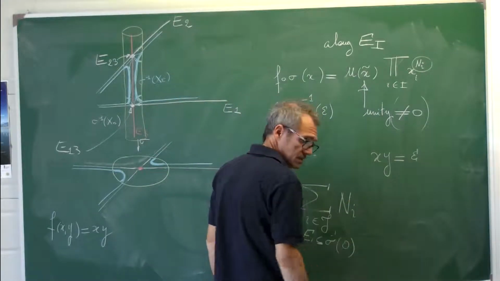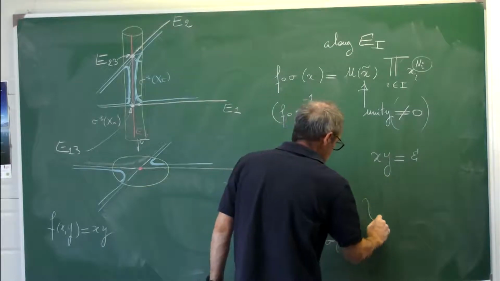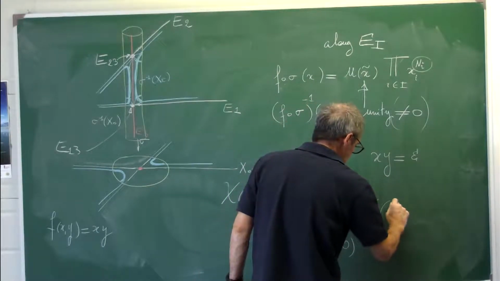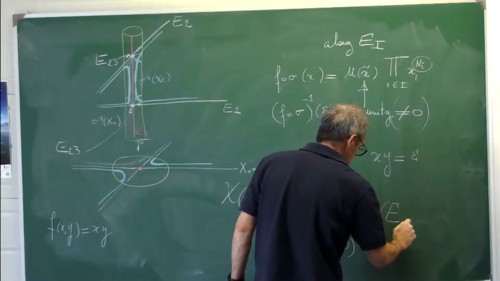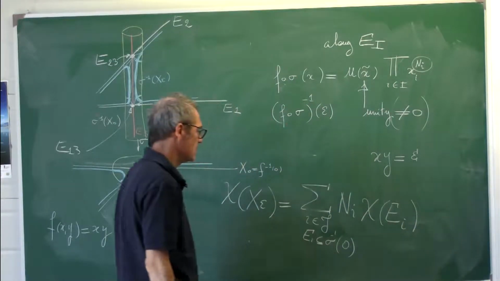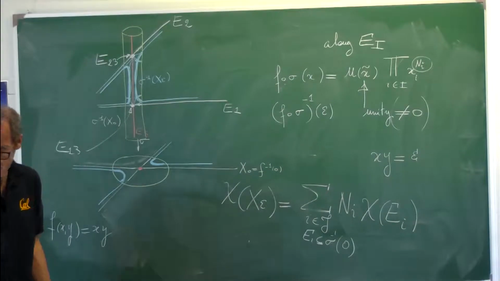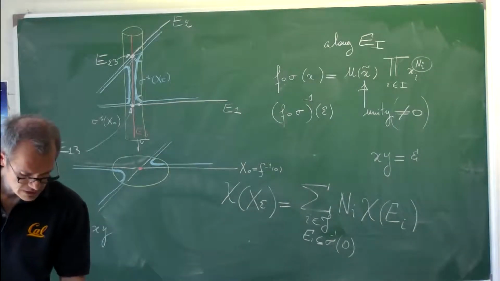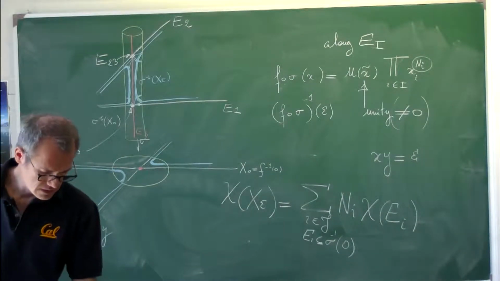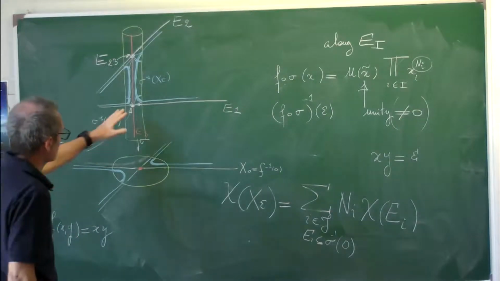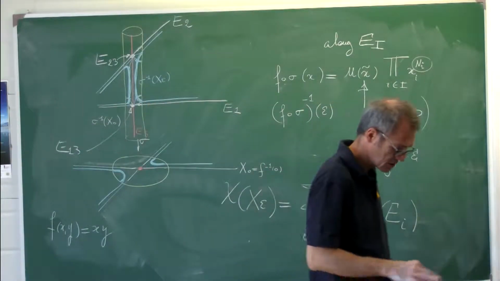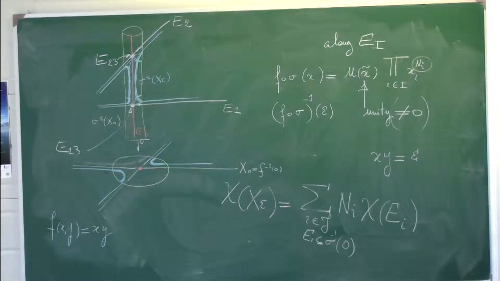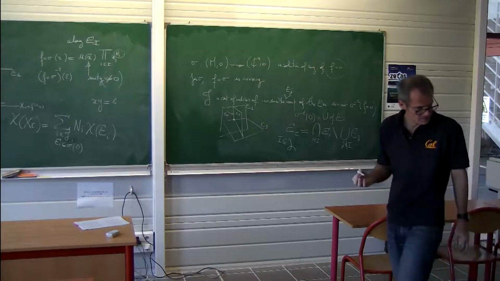I have multiplicity here, and now the Euler characteristic of E_I. Okay, simply by additivity and remarking that above small dimensional strata, we have tori with vanishing Euler characteristic.